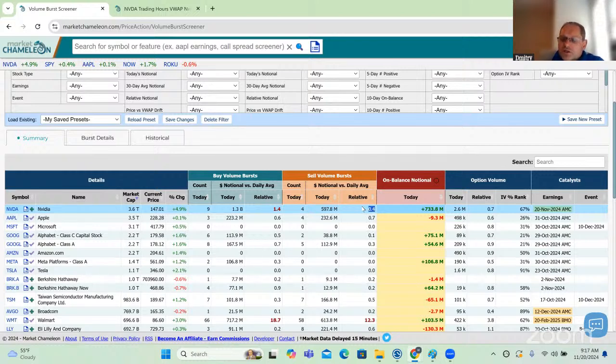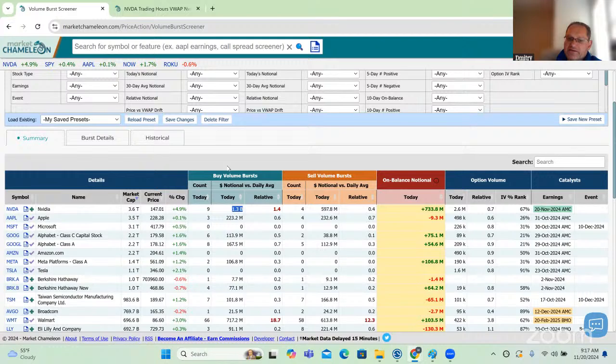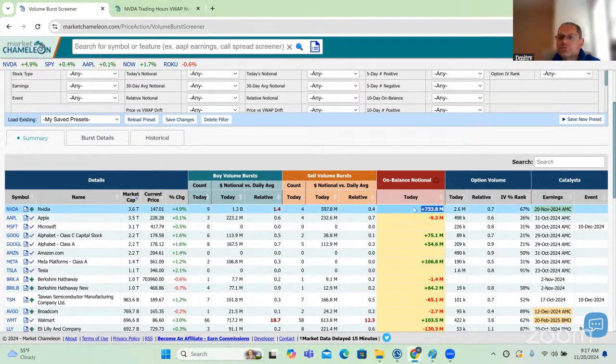If we wanted to look at it on balance, to make it easier than calculating in our head, and we wanted to say, okay, how much did the buy exceed the sell, or the sell exceed the buy on the day? We would take the total dollar value of the buy bursts, the 1.3 billion, minus the total value of the sell bursts, and we get this imbalance, 733 million.